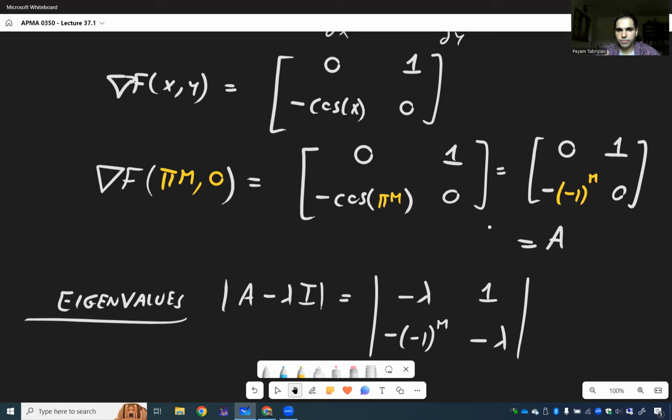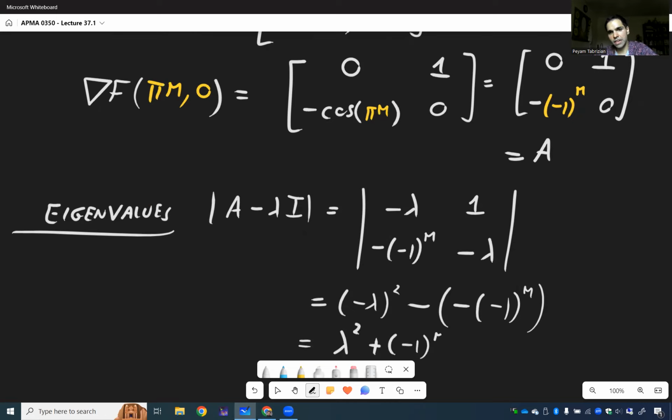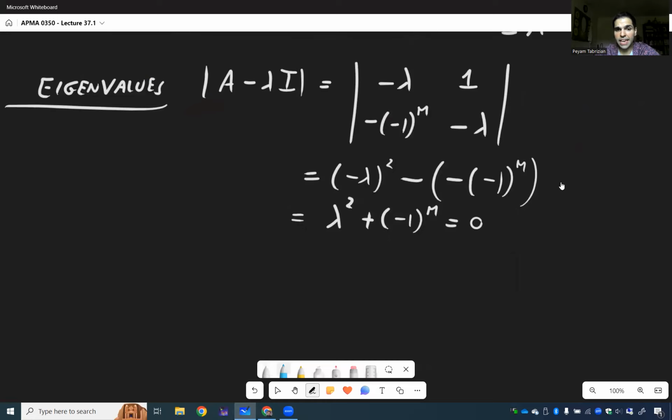If you do the determinant, this gives you minus lambda squared minus, so careful, minus 1 to the m, which becomes lambda squared plus minus 1 to the m. And you want to set this equal to 0. Now notice there is different behavior depending on whether m is even or odd. If m is even, this is 1. If m is odd, it's minus 1. And so it makes sense to split it into cases.